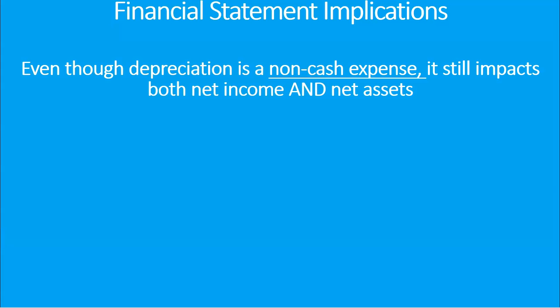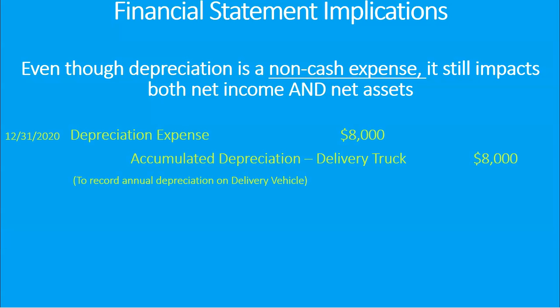So, financial statement implications. It says that even though depreciation is a non-cash expense, it still impacts both net income and net assets. How does that happen? Well, it happens whenever we journalize the entry and it flows into initially the trial balance and ultimately the financial statements.